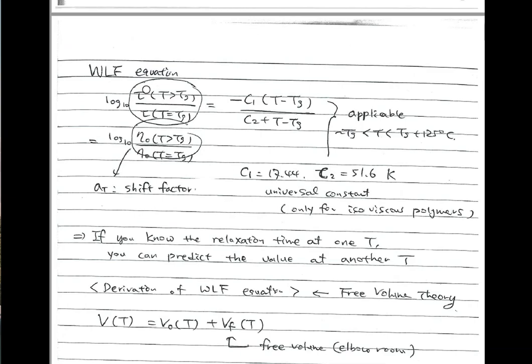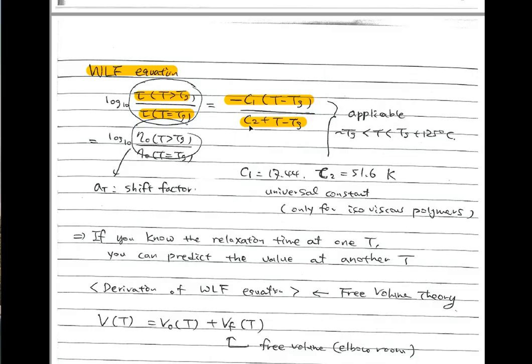So the WLF equation looks like this. Log of tau at a temperature higher than Tg, over tau at Tg, where tau is the relative relaxation time scale, is equal to minus C1 times T minus Tg, over C2 plus T minus Tg.